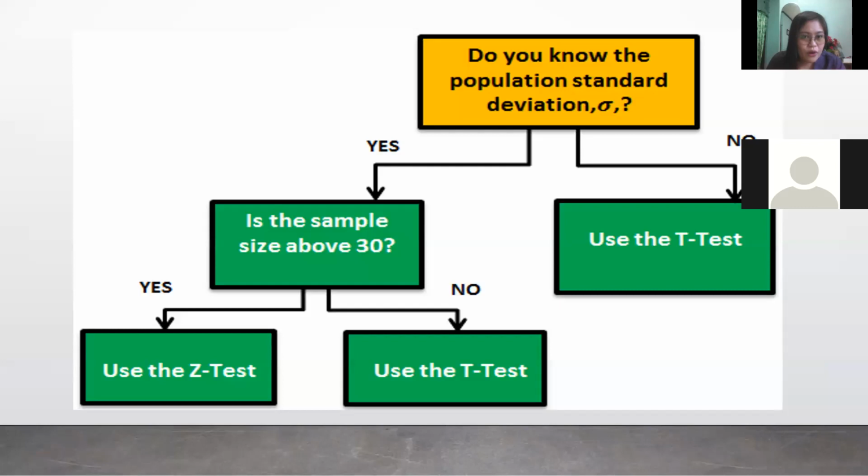But if we know the population standard deviation, the next question is: is the sample size above 30? The N here is the sample size. If it's above 30, then that's the time we will use the z-test. But if it's below 30, then we will be using the t-test. That's how you differentiate which statistical test to use.